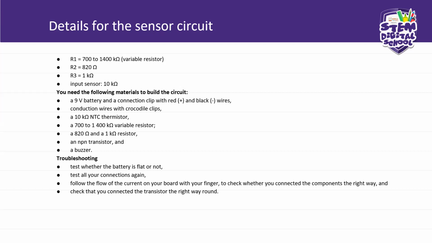Okay, the emitter goes to resistor number 2. The base goes to resistor number what? And then to the output, you connect the output component, you connect the collector. So you have to check the transistor. The transistor can just fail your circuit.